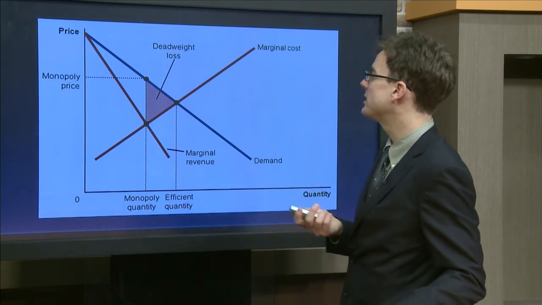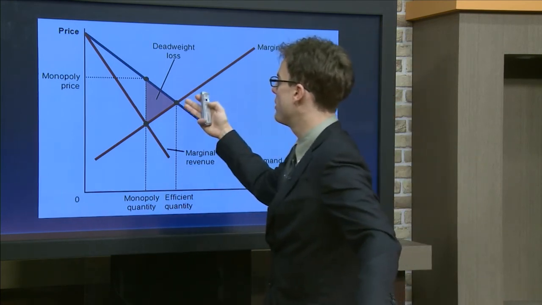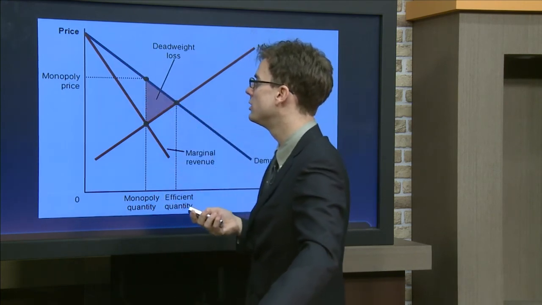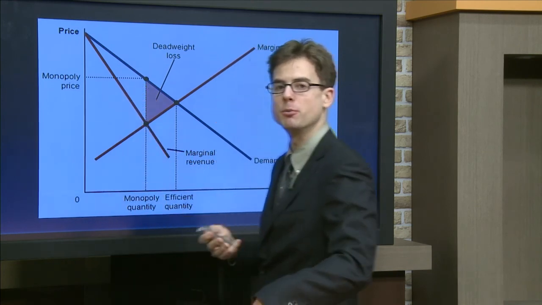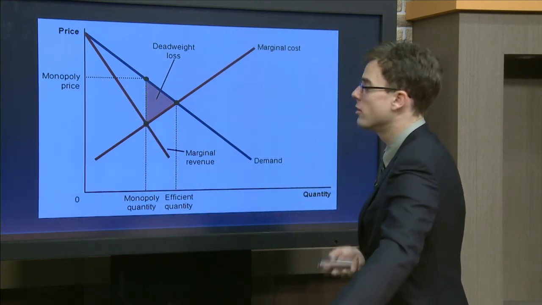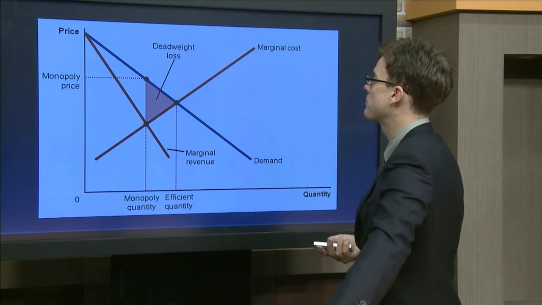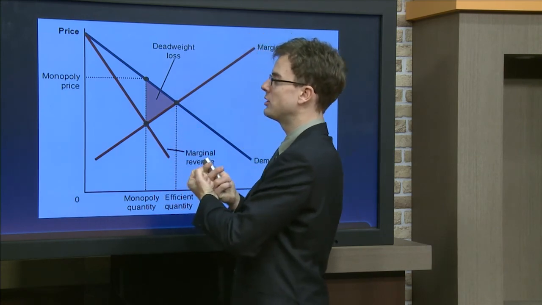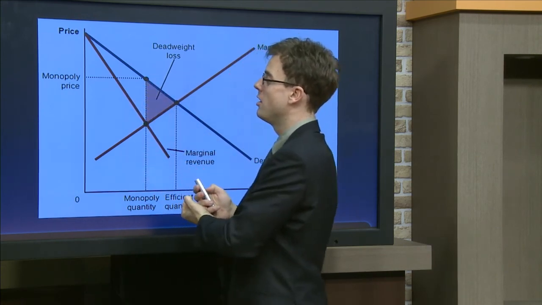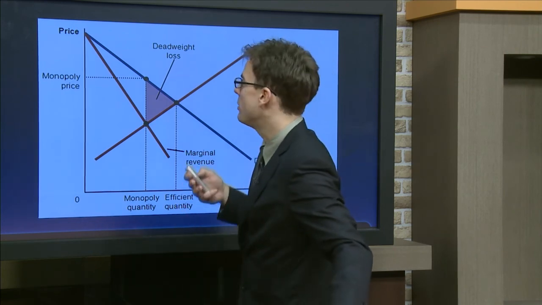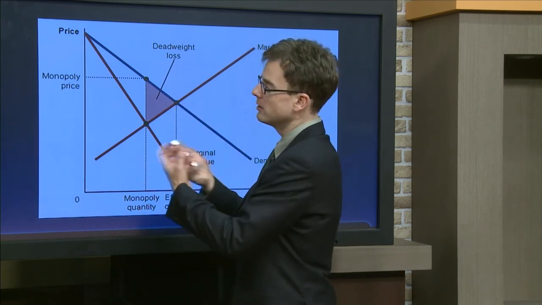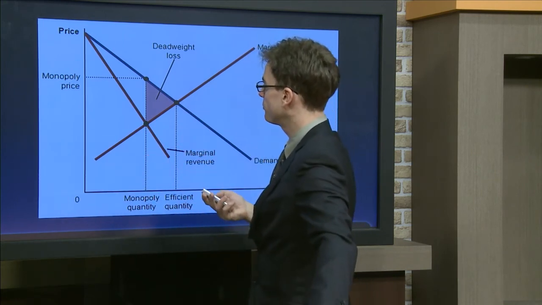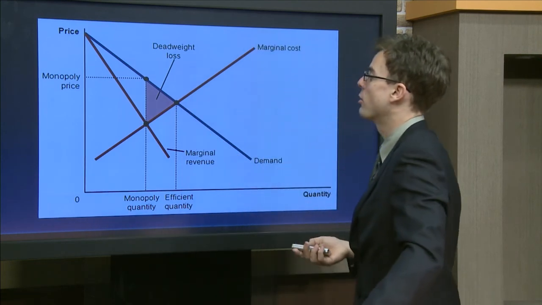So to summarize what has happened when we moved from a competitive industry to a monopolistic industry, we see that consumers are made worse off, and the producer is made better off because the producer earns greater surplus, greater profit. But by trying to redistribute some surplus from consumers to himself, the monopolist created some inefficiency. So in this effort of redistributing surplus to himself, some welfare in the market was lost.